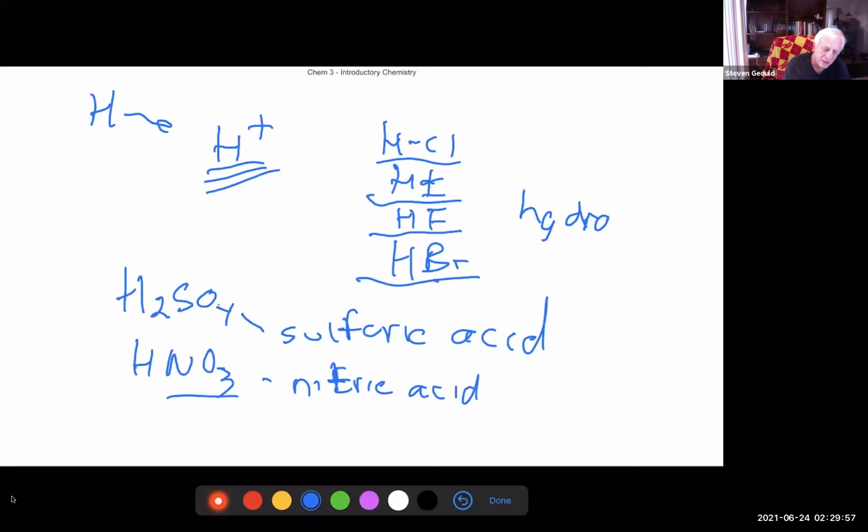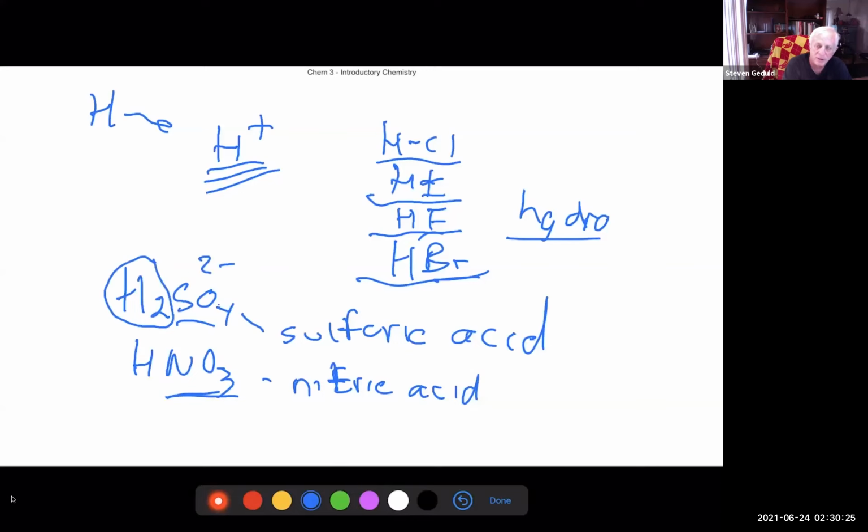So if it's only a single element, we put hydro in front of it. If it's a polyatomic ion, we use that name, and we change it to ic acid. So sulfate, which is SO4 2-, becomes sulfuric acid. Nitrate becomes nitric acid. Notice the combination. The sulfate has a -2 charge, so we have to have 2 hydrogen to balance it.